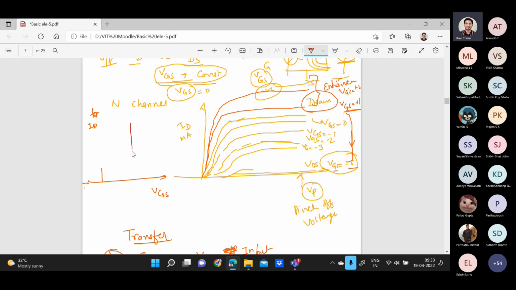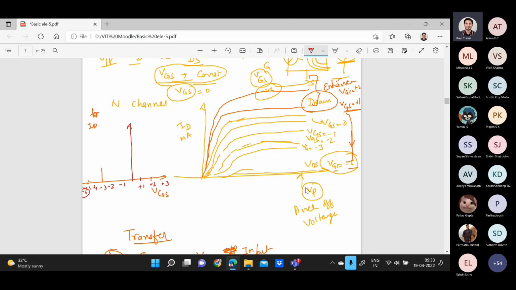Because we have to take VGS as negative, I have drawn the graph once again. So this will be +1, +2, +3, and -1, -2, -3, -4, -5, and -6, because at -6 it will be the pinch-off voltage.